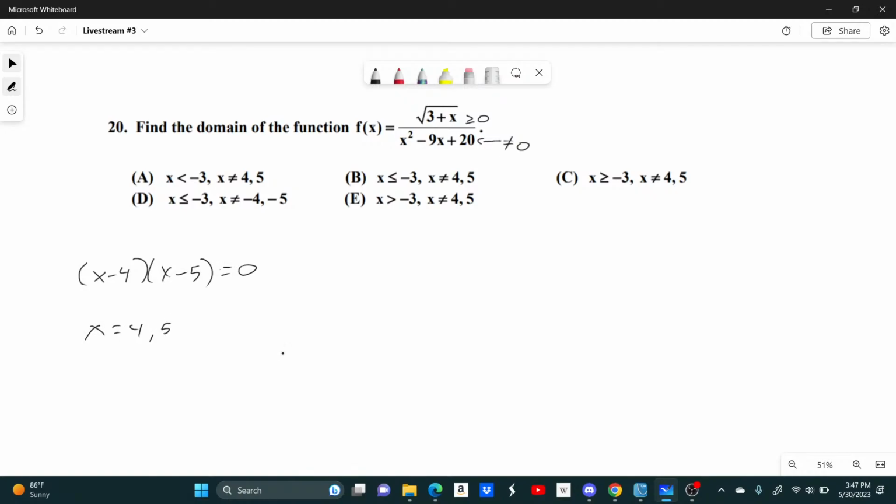So we can immediately take these out. So with a little process of elimination, we can take out D, and that's it. They kind of just expect you to know that one. Then for the numerator, we know that 3 plus x has to be greater than or equal to 0, which means that x is going to be greater than or equal to negative 3. So it looks like we're stuck with answer choice C.